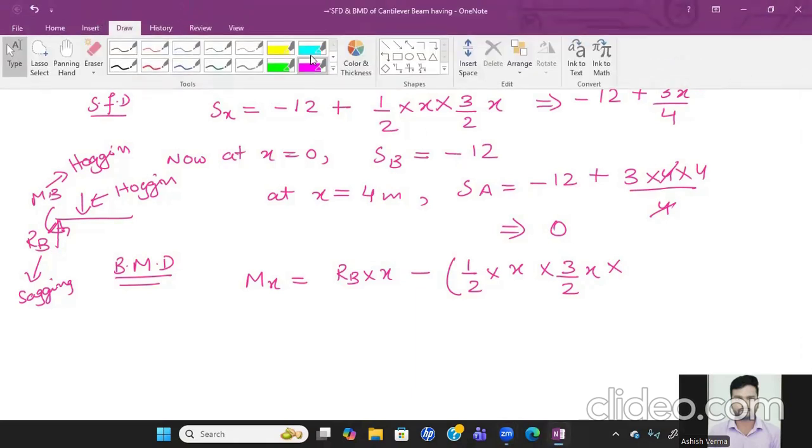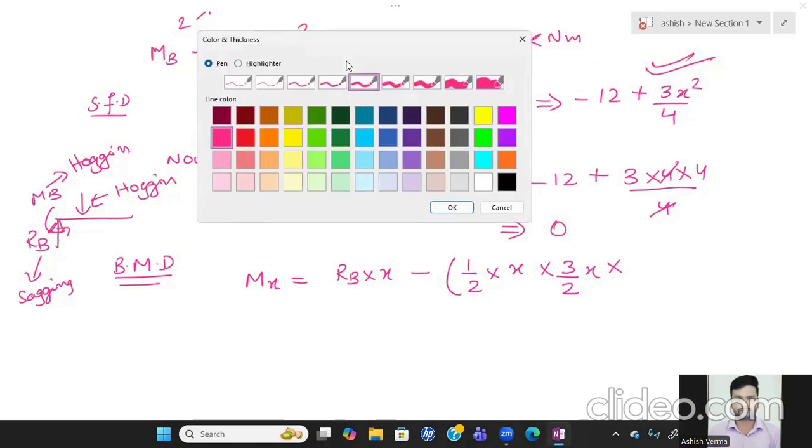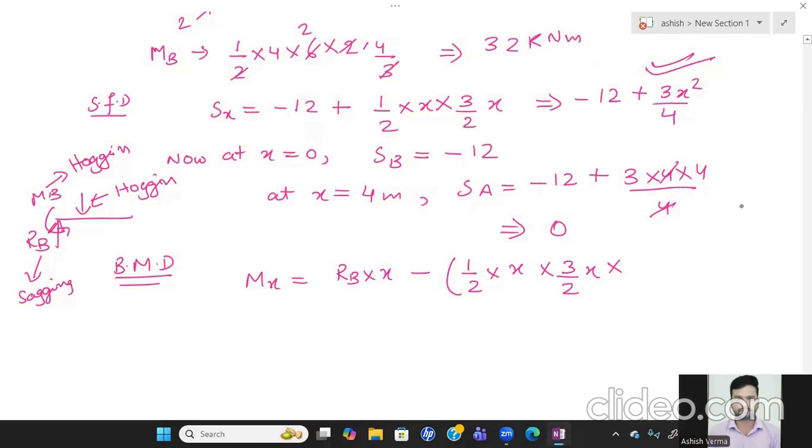X by 3 is taken because the moment is taken about the section XX, and from the broader end, as already discussed, the distance is taken as x by 3. So we multiply by x by 3, and the remaining moment is MB. Therefore, minus MB, and the value of MB is minus 12.